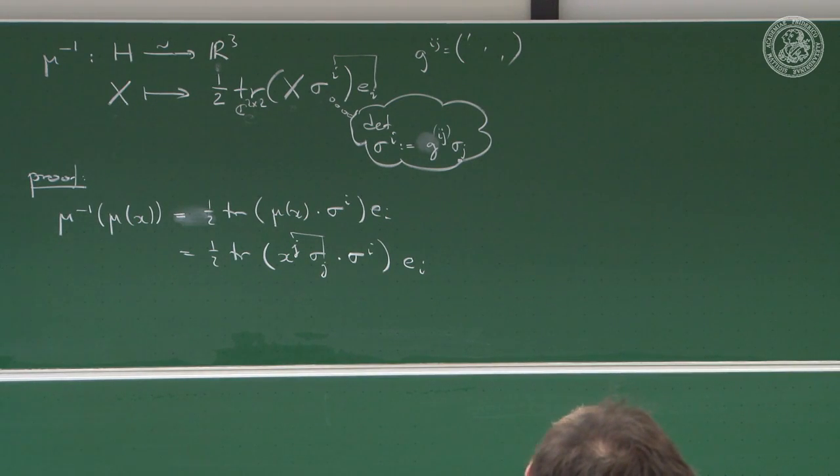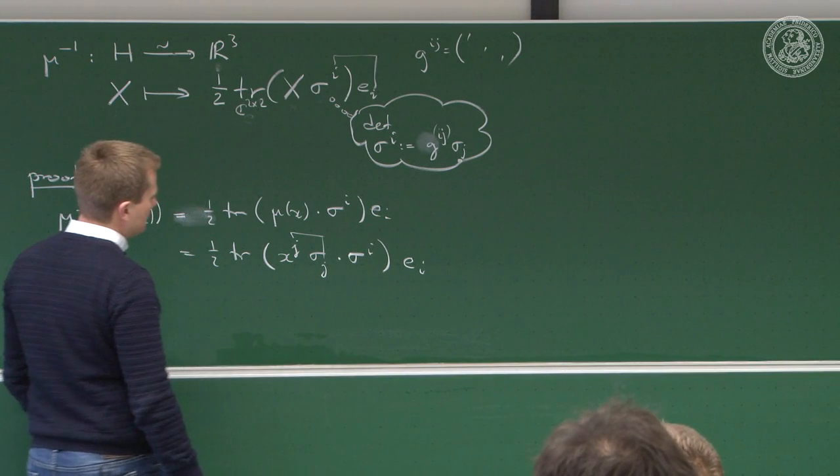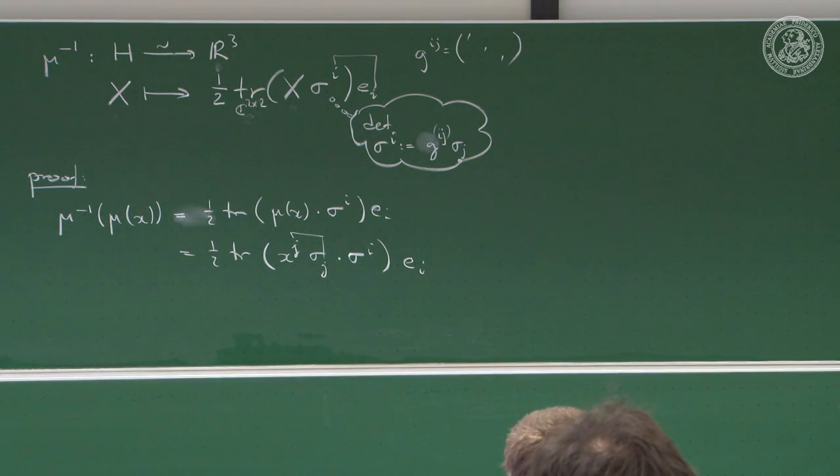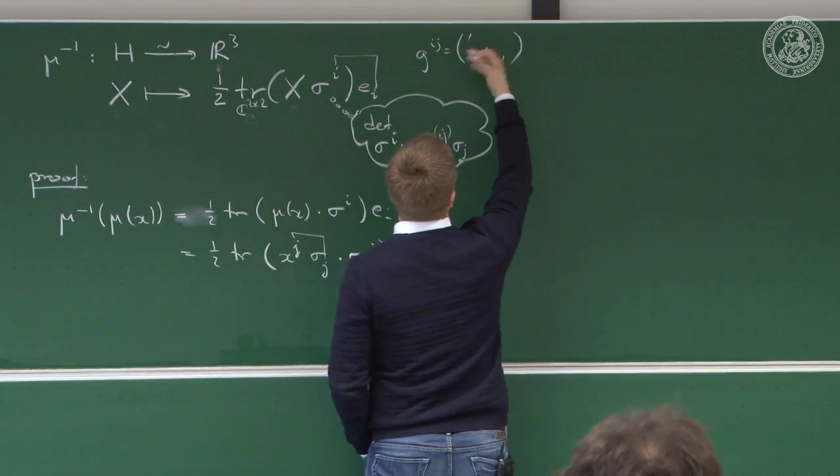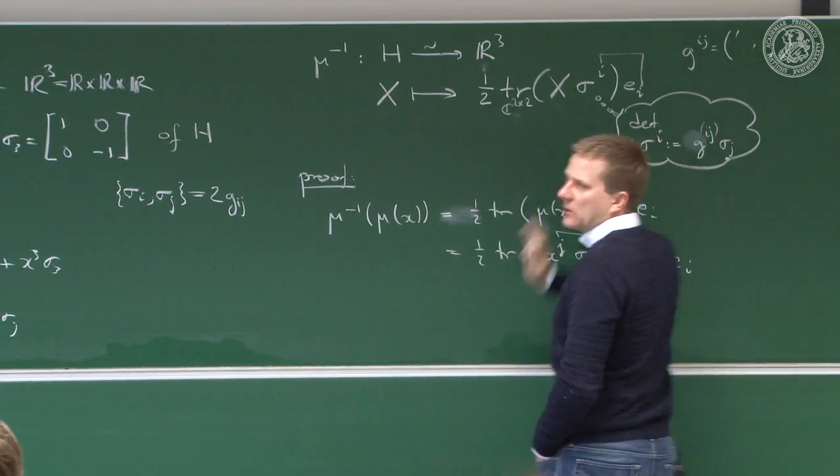So what's sigma j sigma I? Well, that's simple. We know, or we calculate quickly, that sigma I with sigma j anti-commutator is twice gij, where gij is again this thing, indices down is the inverse, but it's again 1, 1, 1.